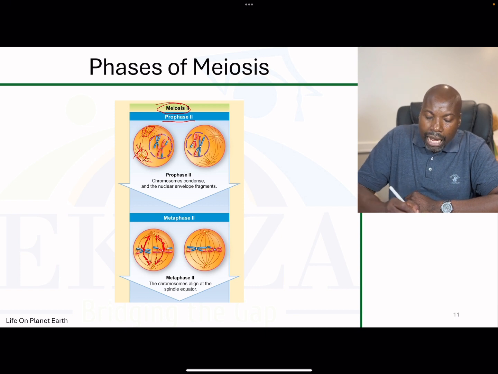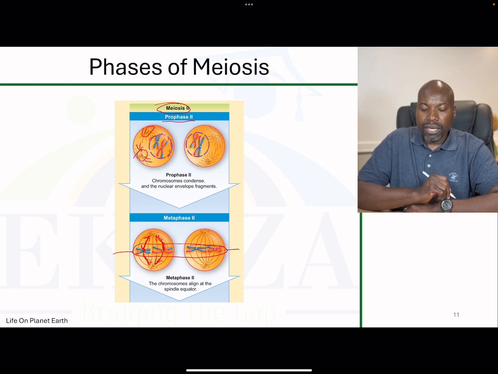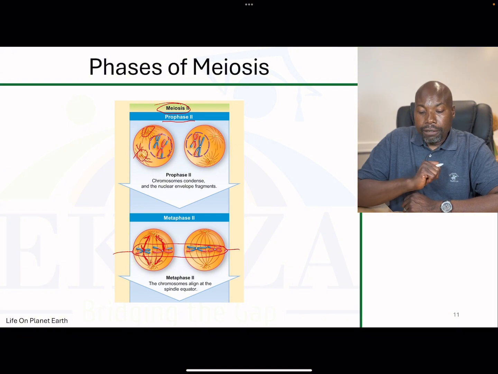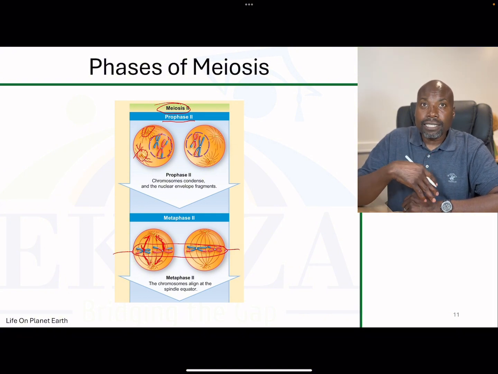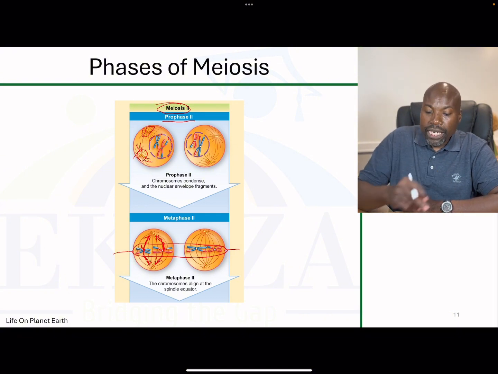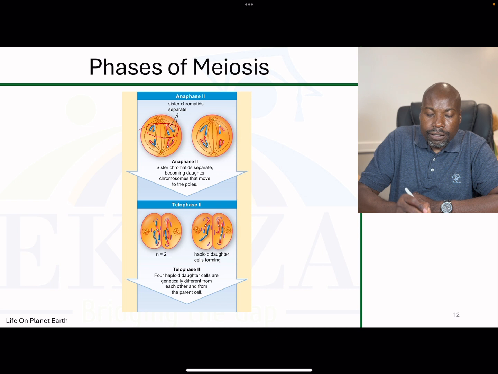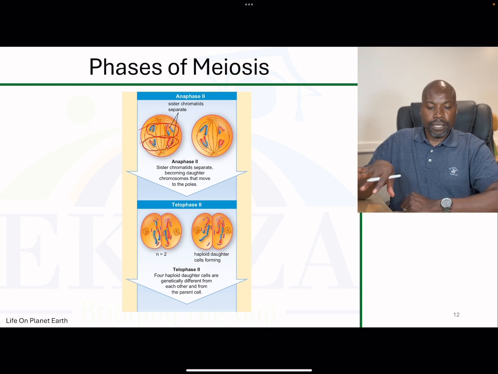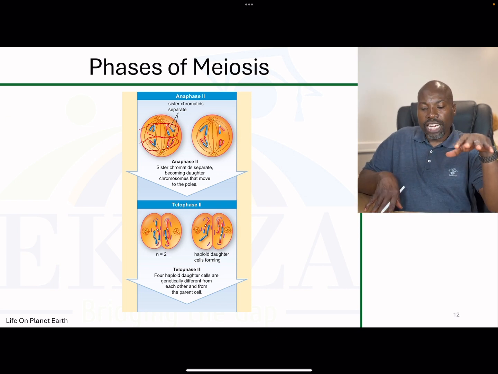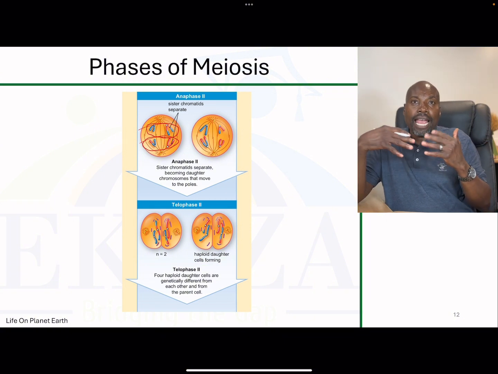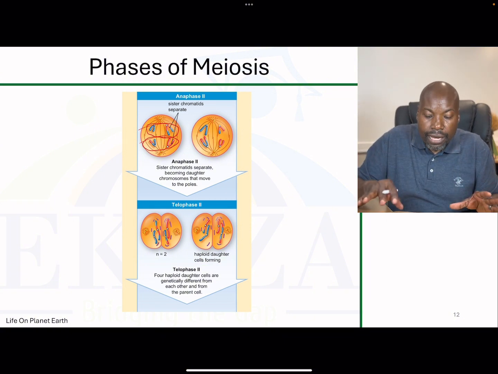And now we are in metaphase 2, they sit in the middle, okay. And from metaphase 2, as the spindle keeps shrinking, we go to anaphase 2, okay. Now the sister chromatids are separated. They are migrating toward opposite directions, and they are getting ready to end up in two separate cells.